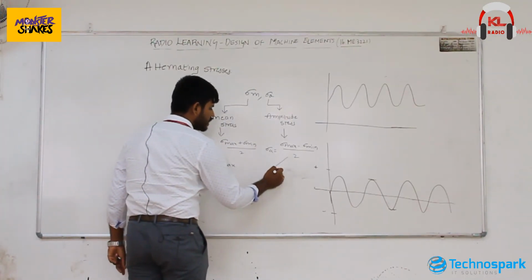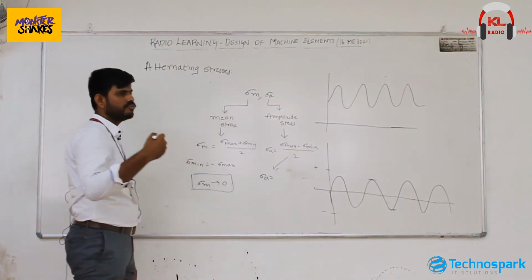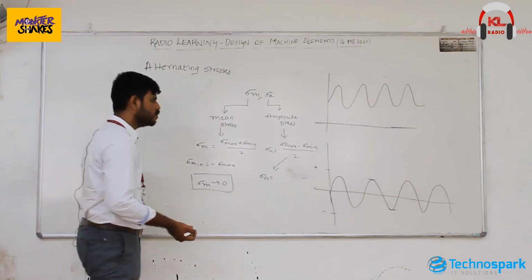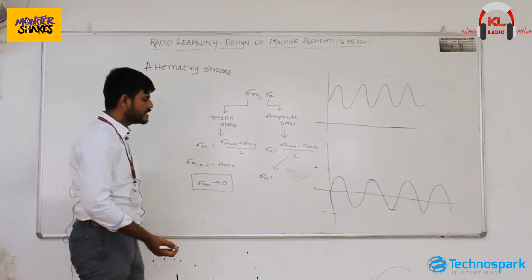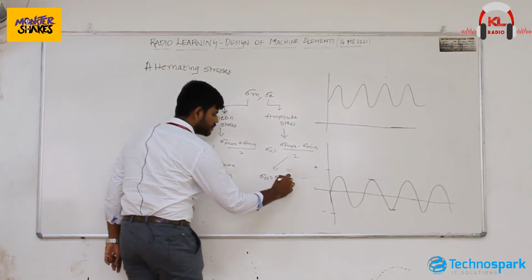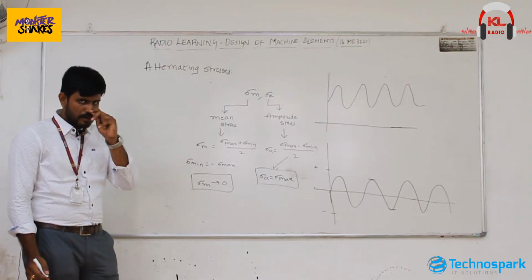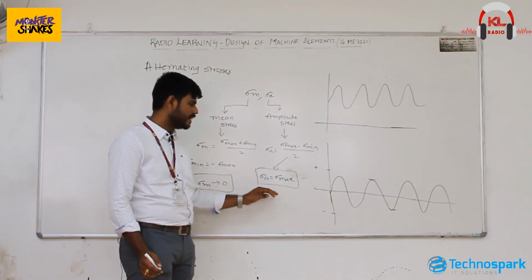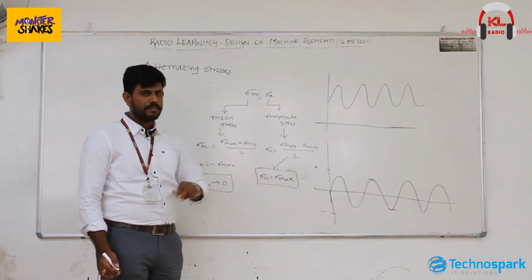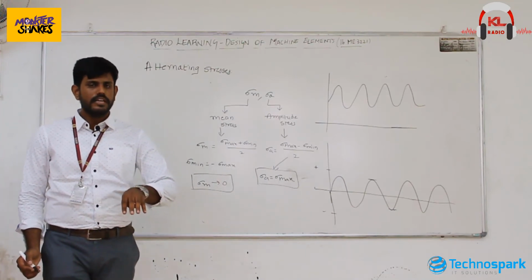Now what happens to sigma a here? Sigma a is equal to (sigma max minus sigma minimum) by 2, which is 2 times sigma max by 2. The 2 and 2 get cancelled, and only sigma max is available for design purposes. So when you design for reversed axial loading, you design directly for sigma max, that is, amplitude stress is equal to maximum stress.